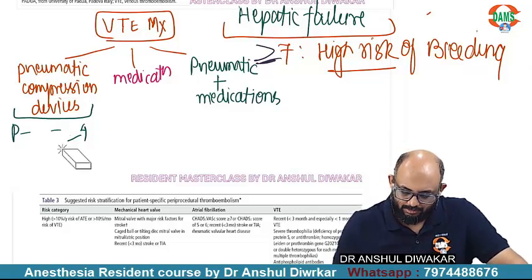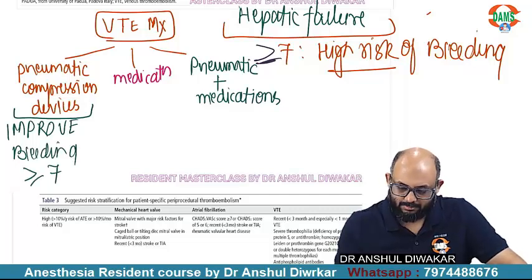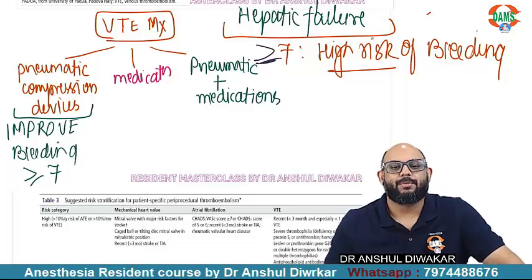I'm sorry. When you have high risk of bleeding, that is improve bleeding score more than 7, then you will always go for pneumatic compression devices.